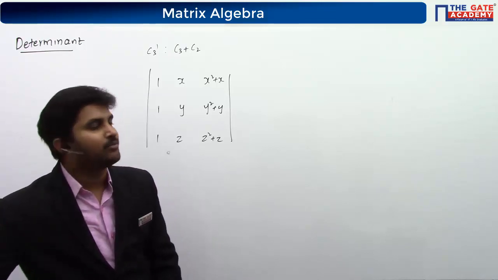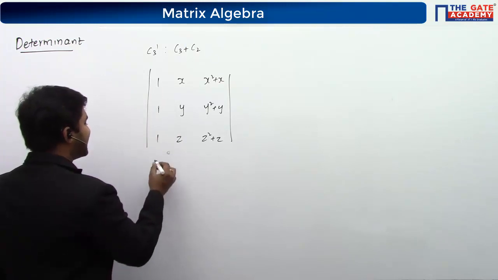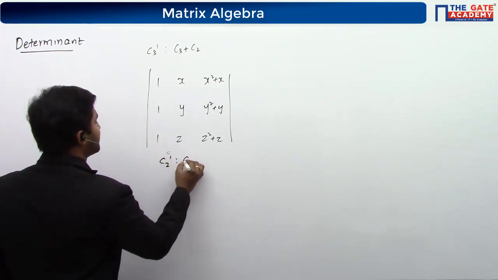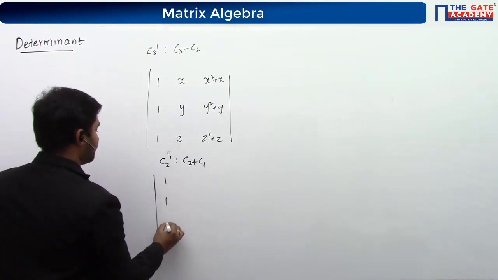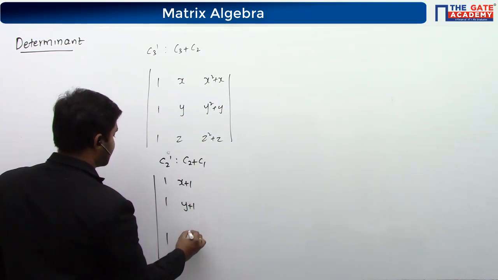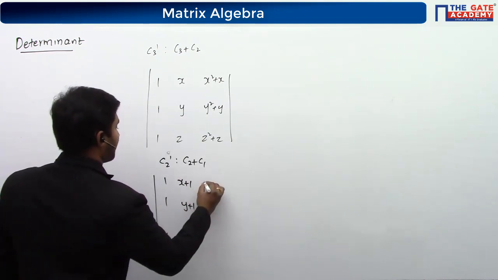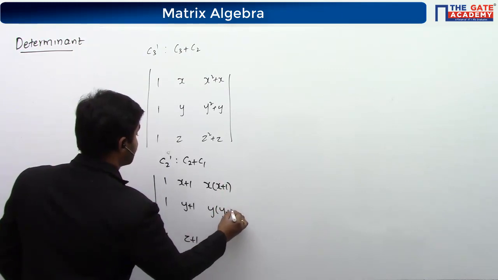Now one more operation I am going to perform is that C2 dash is equal to C2 plus C1. So 1, 1, 1, x plus 1, y plus 1, z plus 1, x into x plus 1, y into y plus 1, z into z plus 1.